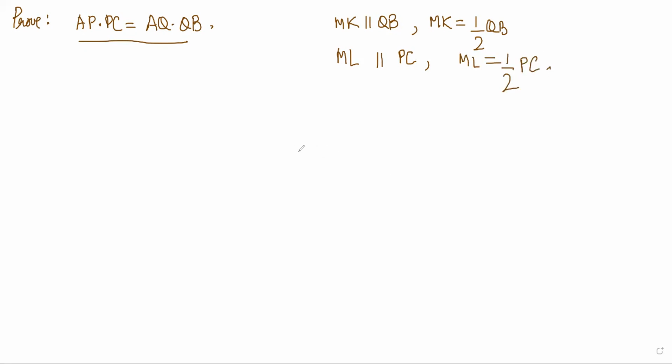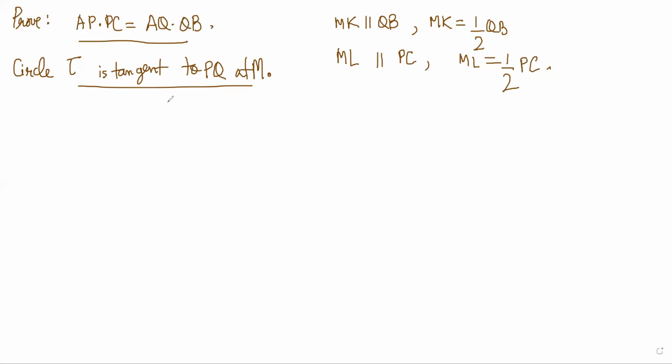Now the circle tau was tangent to the PQ line at the point M, right? Look at your figure, I'm not drawing it again. Circle tau is tangent to PQ at M, right?